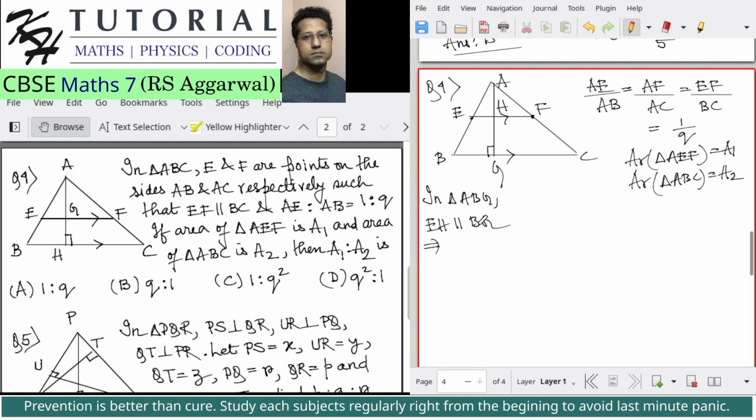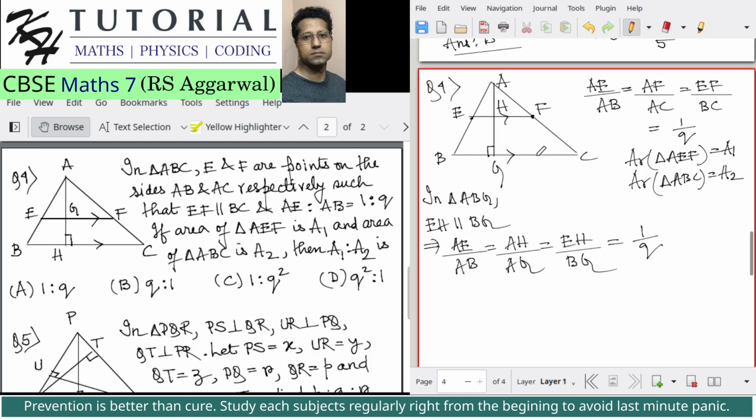This will imply that AE by AB will be equal to AH by AG, which is equal to EH by BG. Obviously, since AE by AB is given to be 1 by Q, this will be 1 by Q.